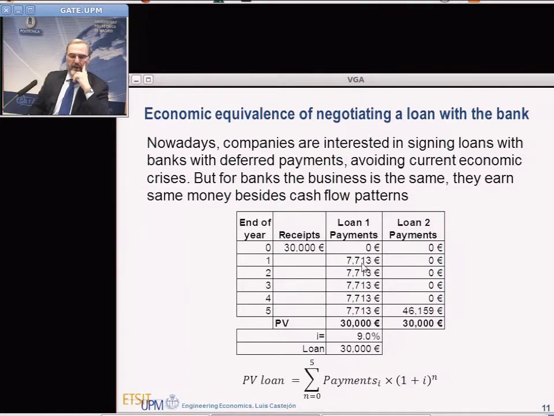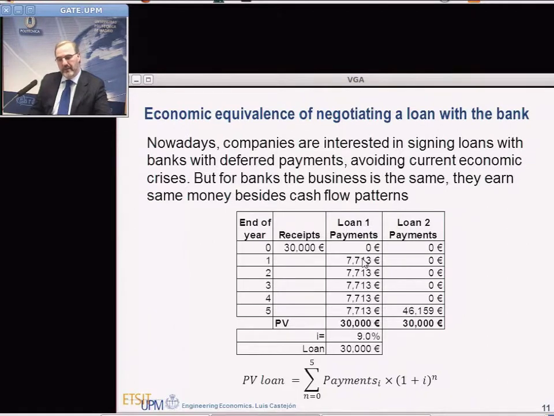So if you fail to pay, you will have a problem with your bank, because your bank will want to execute the guarantee of the loan, which usually is the house. So you will lose your house, and you can arrange a trade with your bank.